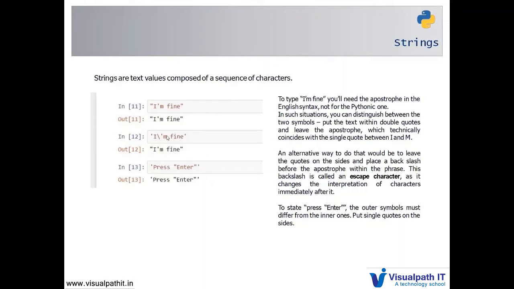Another way of doing the same thing is by using escape characters. This backslash between I and M ensures that this escape character of a single quote is treated as it is, and it distinguishes between the outer single quote layer and the inner single quote layer.